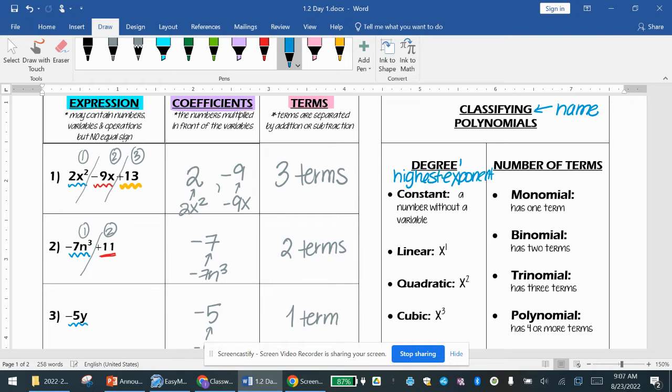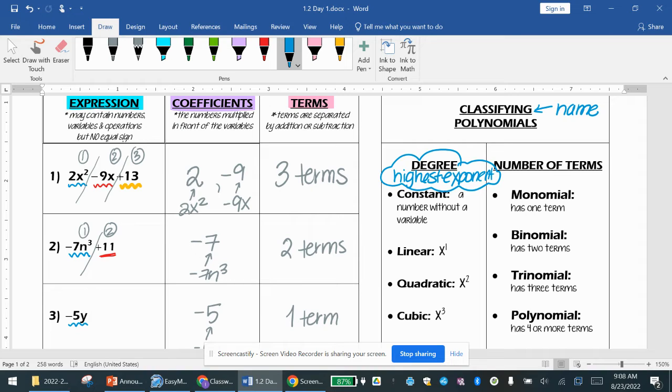You would call a polynomial a constant if there was just a number without a variable. Linear would be if x is to the first power and that's the highest exponent. Quadratic is when the highest exponent is 2, and cubic is the highest exponent of 3.